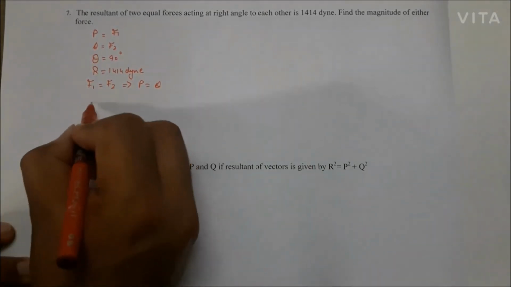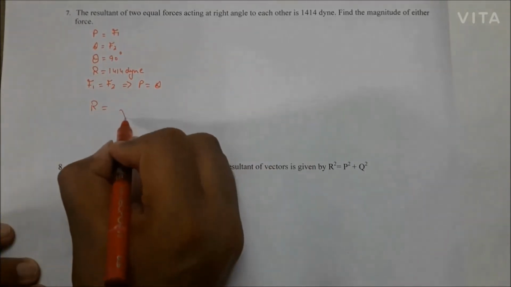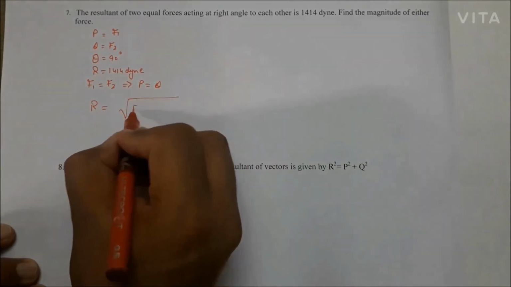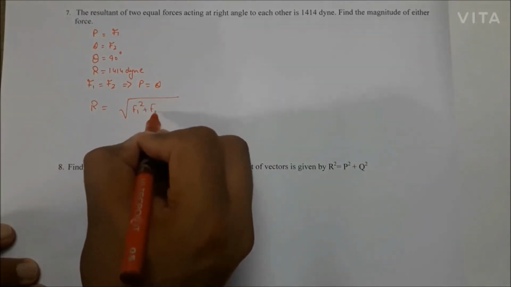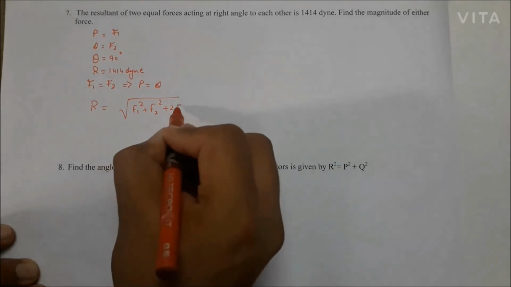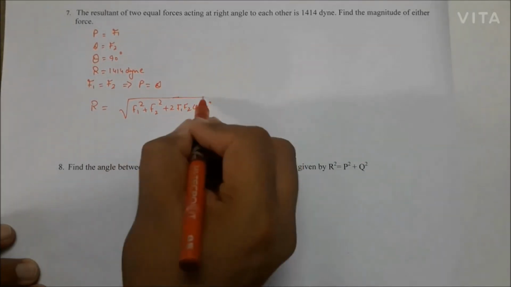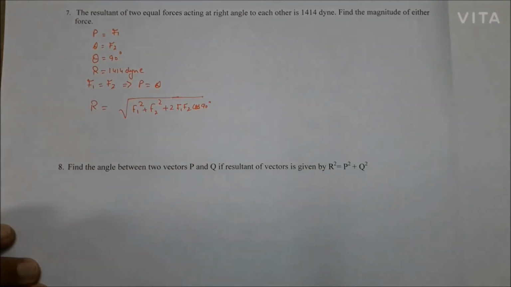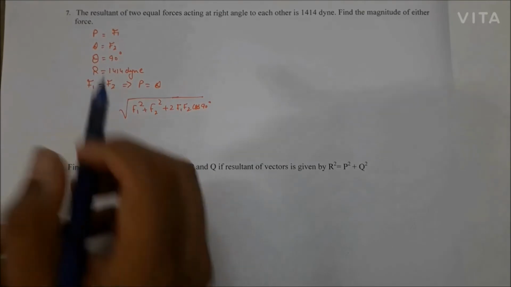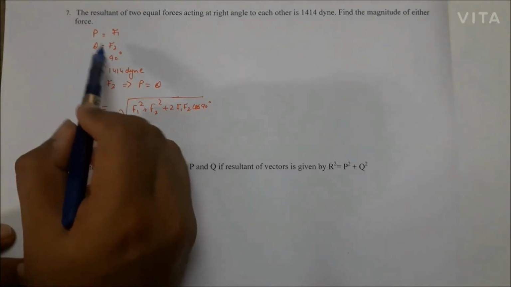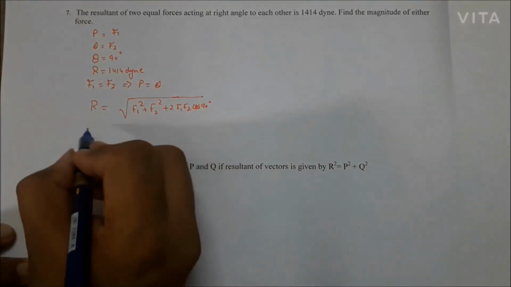Now apply the formula of resultant. It comes out to be root of F1 square plus F2 square plus 2 F1 F2 cos 90 degrees, because the angle between them is 90 degrees. Now F1 is P and F2 is Q. Since both are equal, I am using any one.